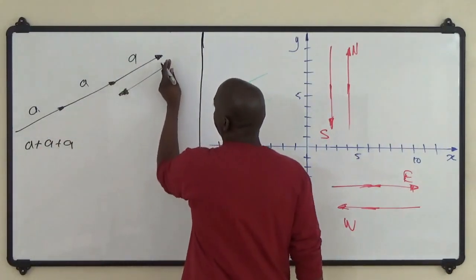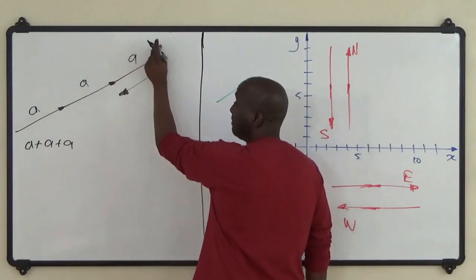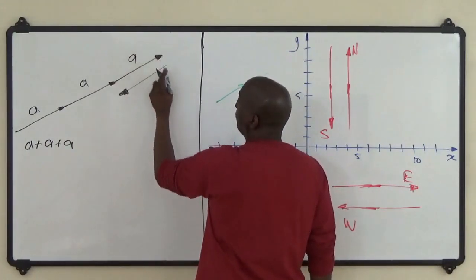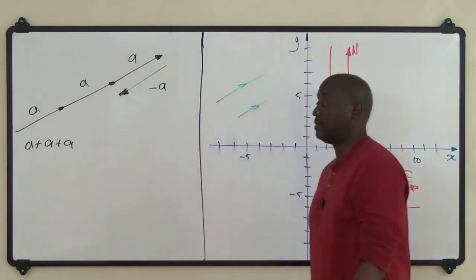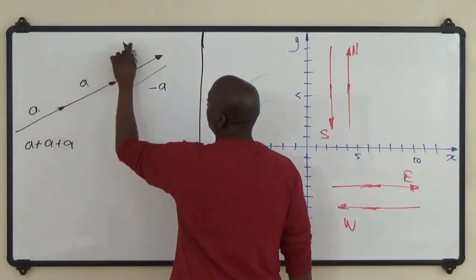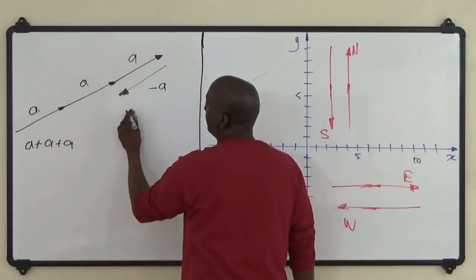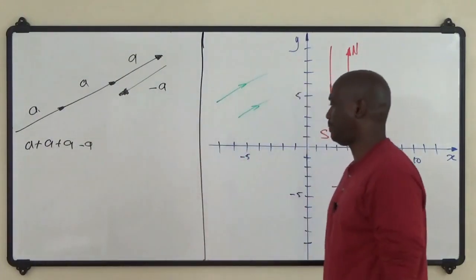And then you come back here. Now if A is defined as being this direction, whatever this direction is, then the opposite would be minus A. Alright? So if we go A plus A plus A, and then we come back here, we can say that's minus A. We'll come back to that just now.